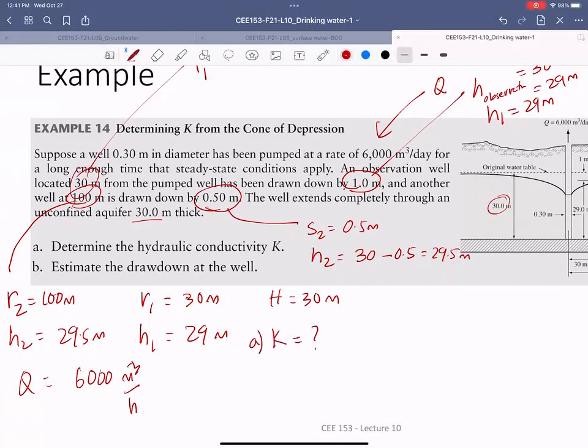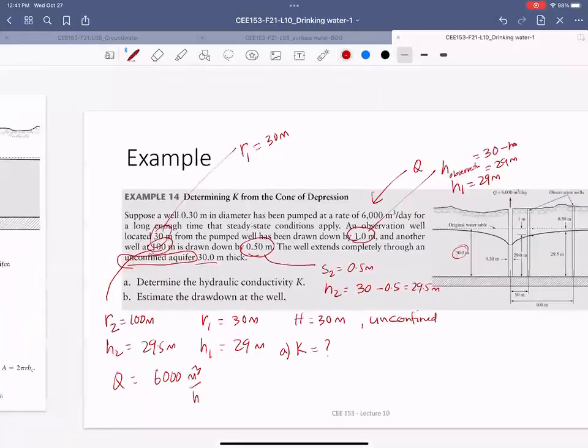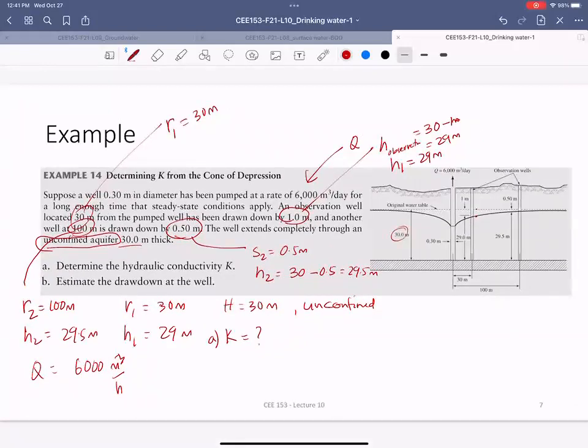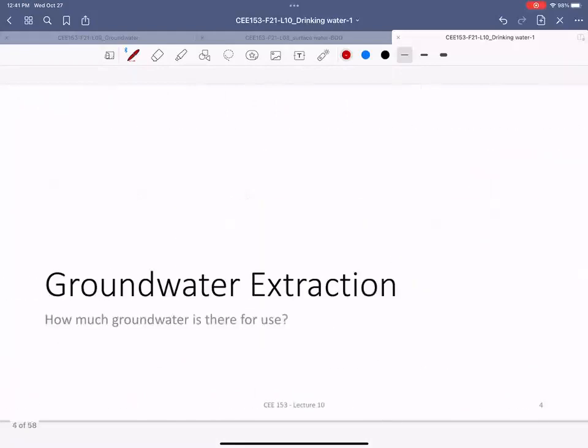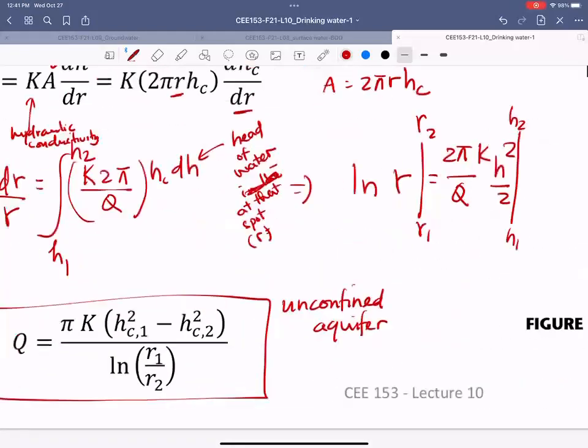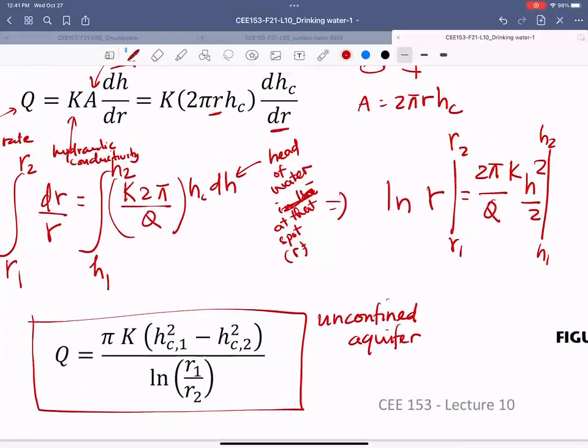And again, it says unconfined aquifer. If it is an unconfined aquifer, all you have to do is look for the equation for an unconfined aquifer. That equation is Q equals pi K times (H1 squared minus H2 squared) divided by ln(R1/R2).